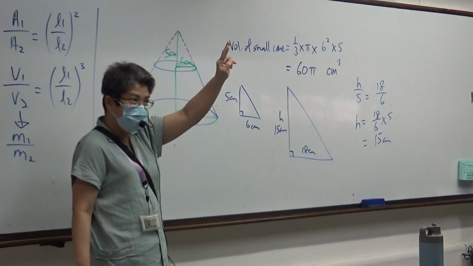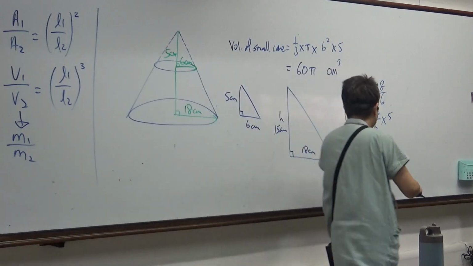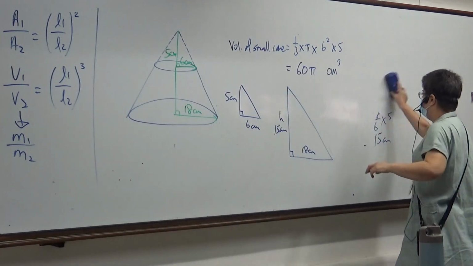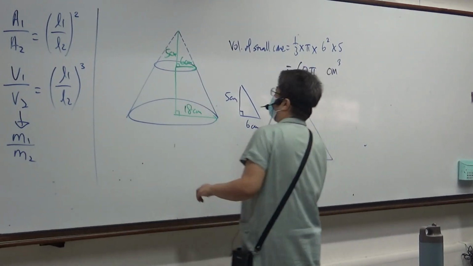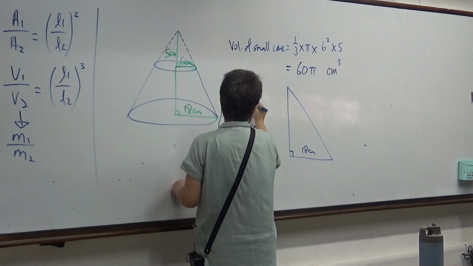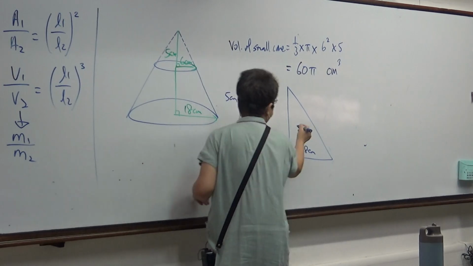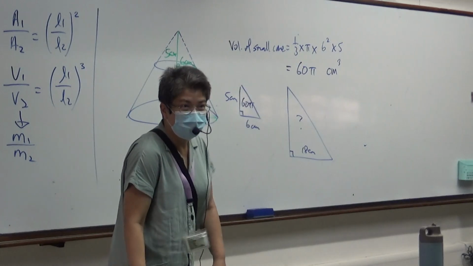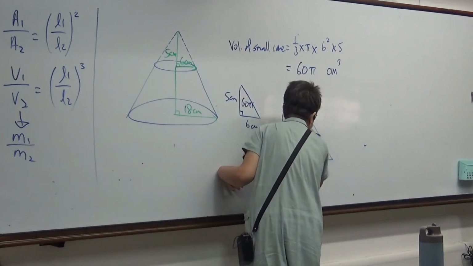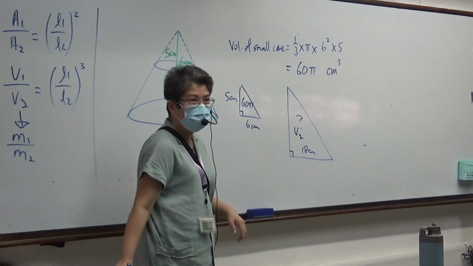The next page. Okay, now, if I want to use volume, I know that the small cone, this volume is 60 pi, then this volume I don't know, correct? Yes or no? So I let this volume be V2. Is it okay?